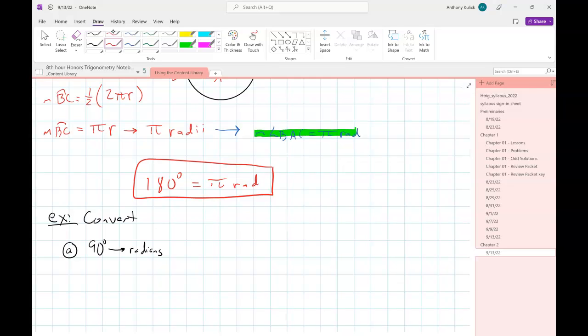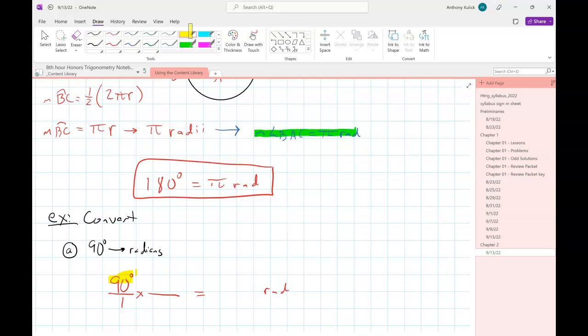How many of us are currently in or have been in a chemistry class? Almost everybody. That's great. This is just going to be the same thing as your unit conversion from chemistry. So I'm going to start with 90 degrees. That's what I know. I need to multiply by some conversion factor to end up in radians.